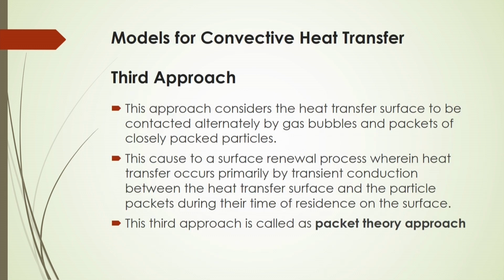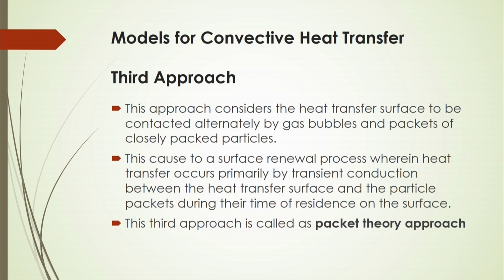And the third approach to represent this convective heat transfer considers the heat transfer surface that is contacted alternately by gas bubbles and packets of closely packed particles. So, there are two things here: one is the packed particles, another is the gas bubbles. There will be a contact between these gas bubbles and packets of closely packed particles.